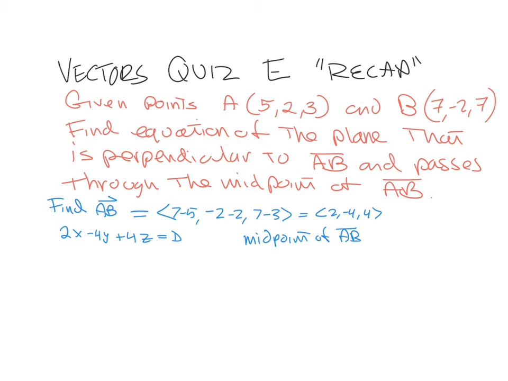The other, more formal way of doing that is to say, what's the mean of 5 and 7, or what's the average of 5 and 7?